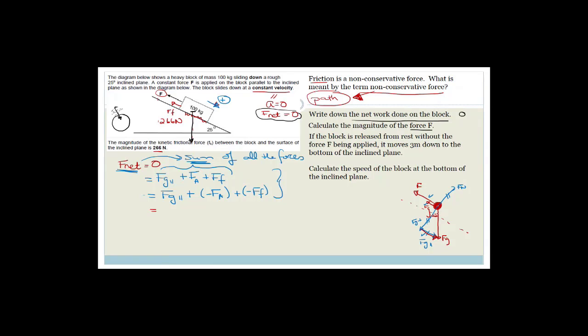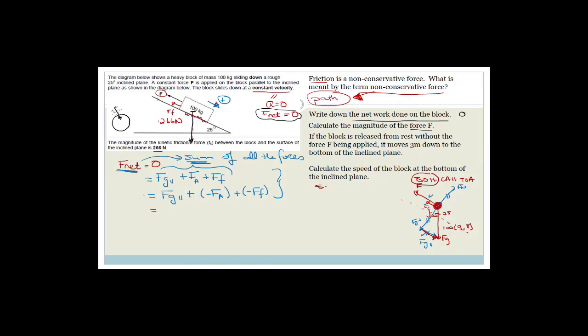This little angle here is 25 degrees. This here is 100 times 9.8, okay? And we want FG parallel, so we're going to use SOHCAHTOA. This is the opposite side. That's the hypotenuse, so we're going to use sine.